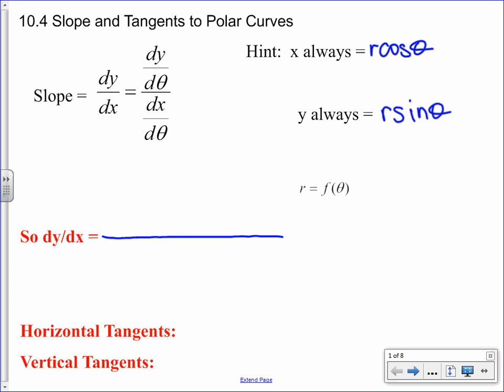Let's talk about dy d theta. If I'm going to take the derivative of y equals r sine of theta, what would that look like? What rule do we have to do? Chain. We have to do the chain rule. R can be like an F. Okay, so this is what I'm going to do.